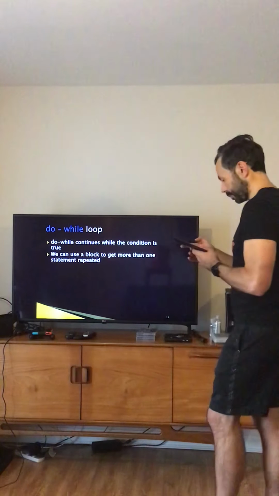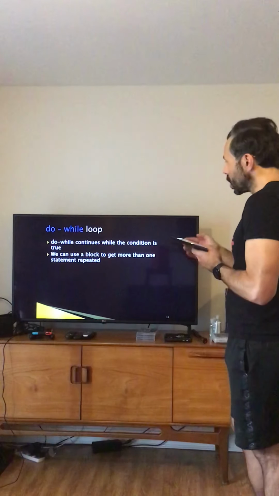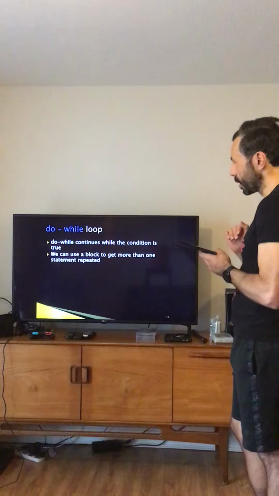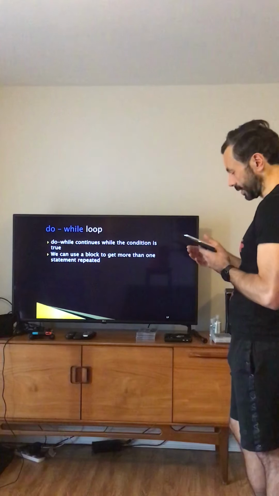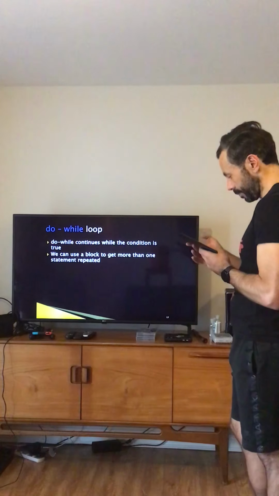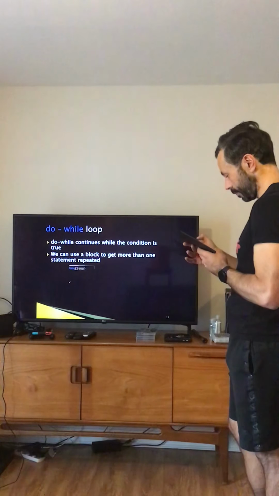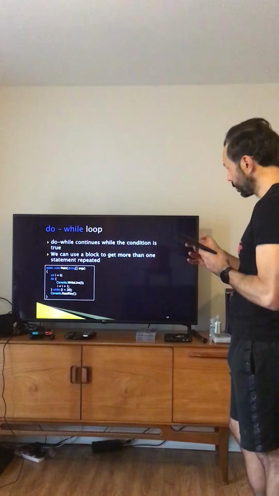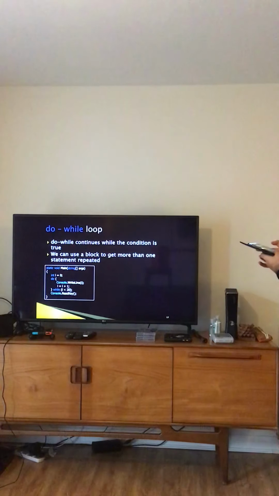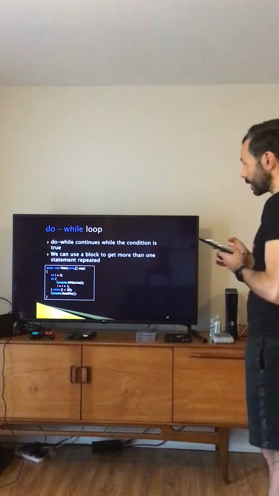So the do while continues while that is equal to true. And we can use a block to get more than one statement repeated. So here we have a slight example.